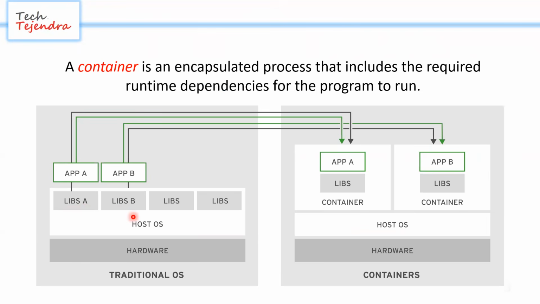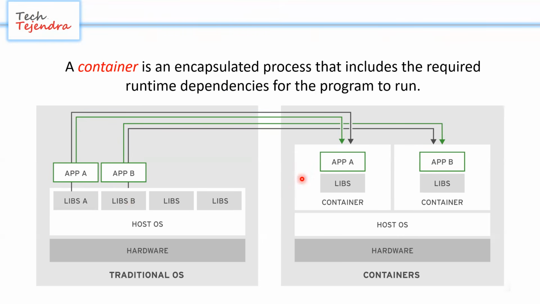If you need to run a Python application, you require the Python libraries. Then on top of it you have your applications. Suppose app A is a Java application, then it will require the Java libraries. If app B is a Python application, then it will require the Python libraries, right? So this is the whole picture of the traditional OS, and you are already aware of it.